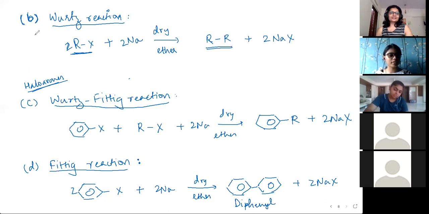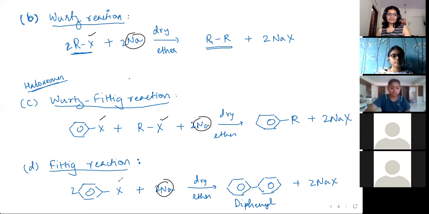Simple. The logic behind all of these reactions is that sodium is going to kidnap away the chlorine or the halogen atom, and whatever remaining organic compounds are left, they all get bonded with each other.